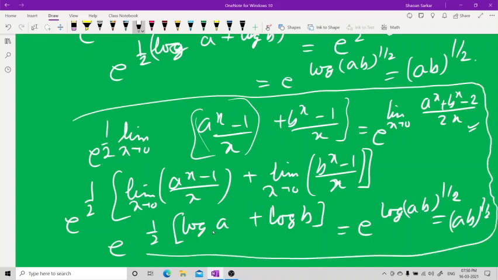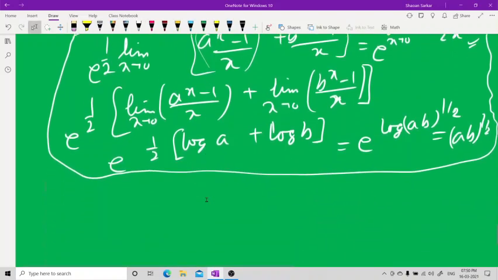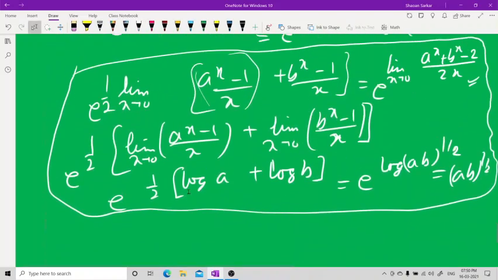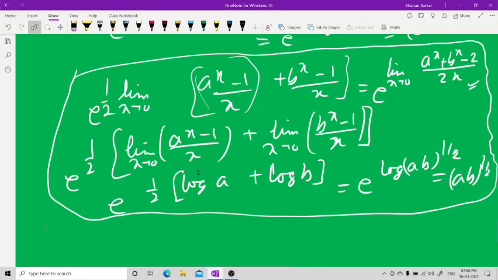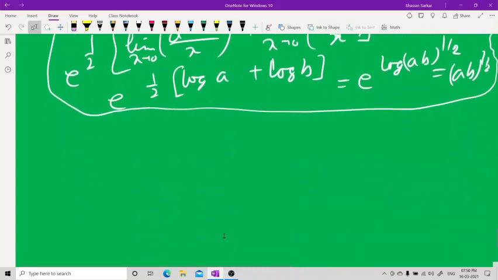I just showed you another approach. Instead of using L'Hopital's rule, you can do it this way also, if you know the value of this limit. Otherwise you do it that way only.